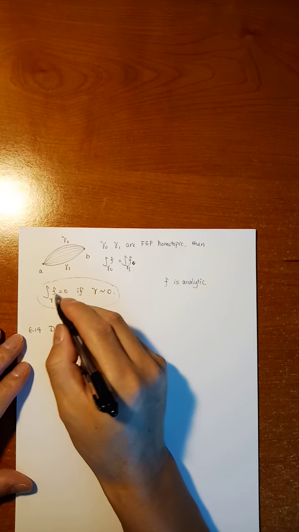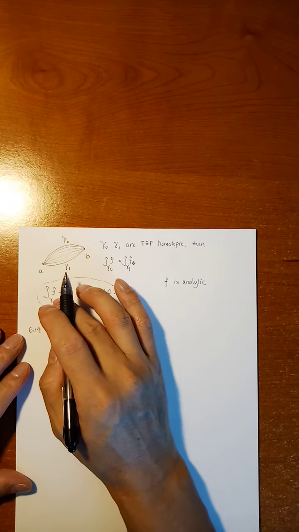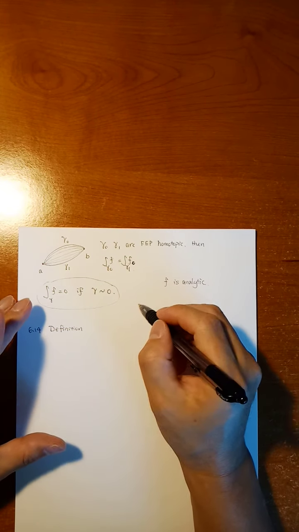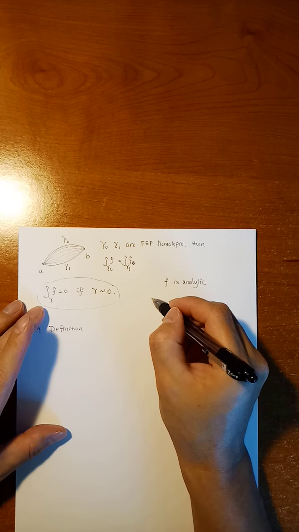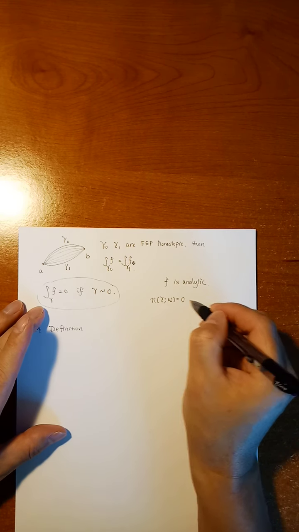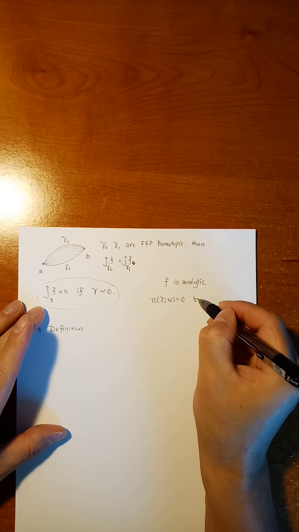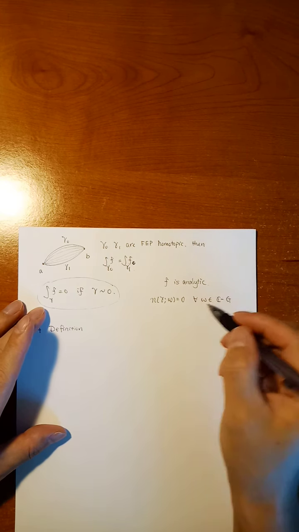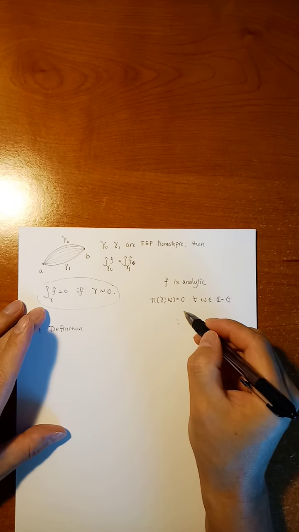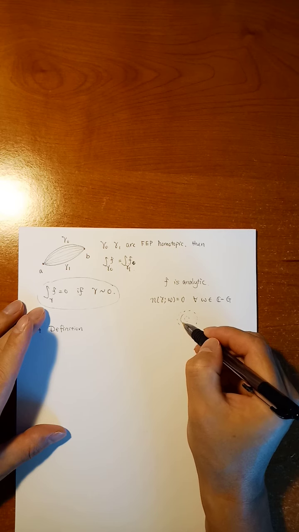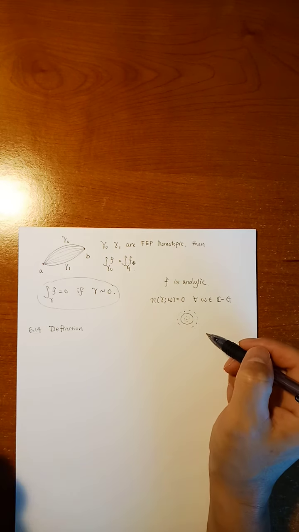Not every region, not every domain, has such a property. Remember that for the integral theorem, we first require the winding number of gamma with respect to w to be 0 for all w outside G. Clearly, if you have a donut shape, and gamma goes around the hole, then for w inside the hole the winding number is not 0.